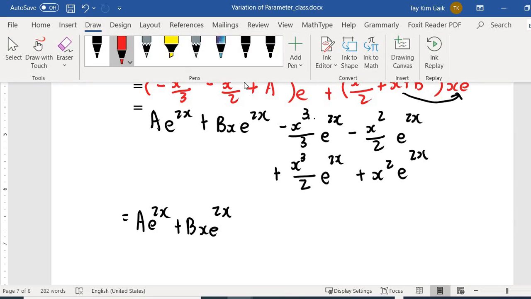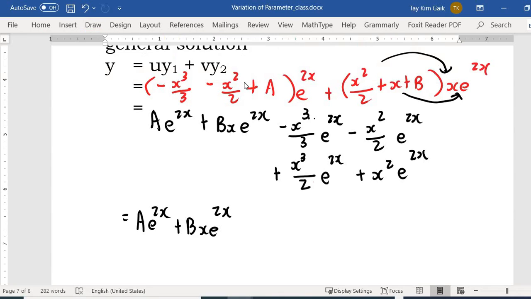You simplify these terms by making a fraction with the same denominator. For this one, the numerator times 3, and for the first term the numerator times 2, so I got 6 here, with exponent 2x.